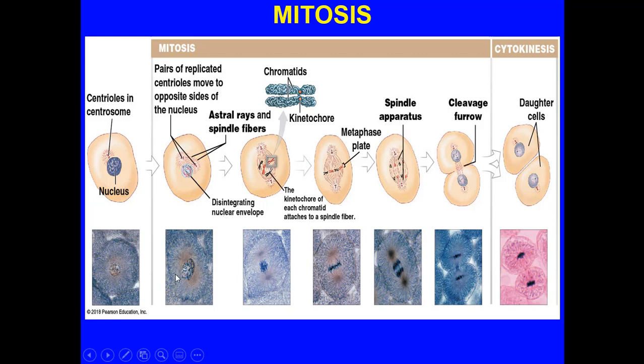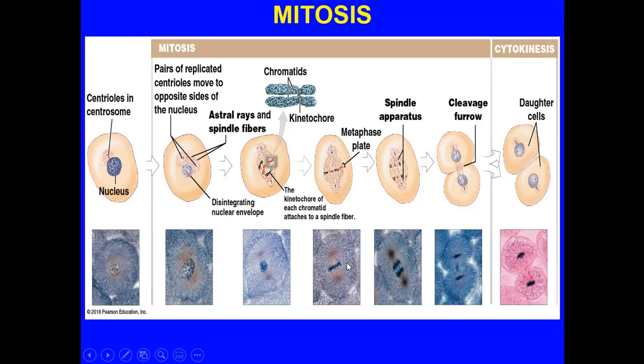The key point is that each and every one of these chromosomes is going to have an attachment to a spindle fiber, and they're attached at the kinetochore. The chromosome and its copy are called chromatids. We get them all nicely lined up here. This is the metaphase plate, otherwise known as the equator. Here are my poles. This is metaphase.